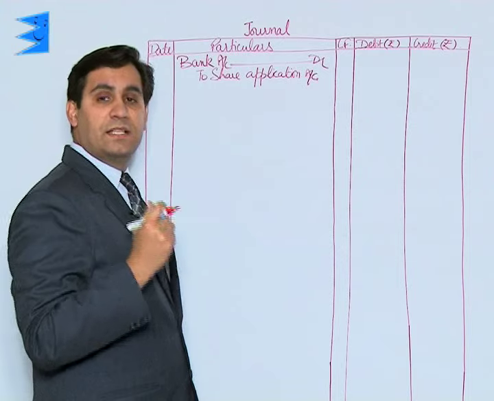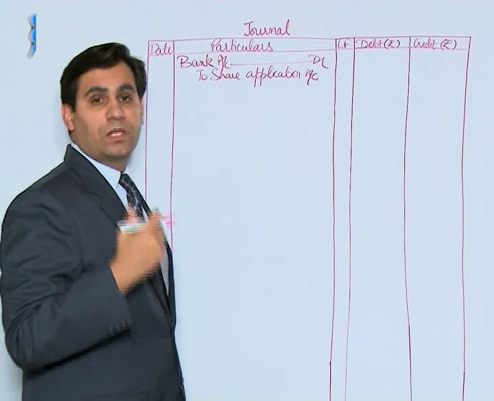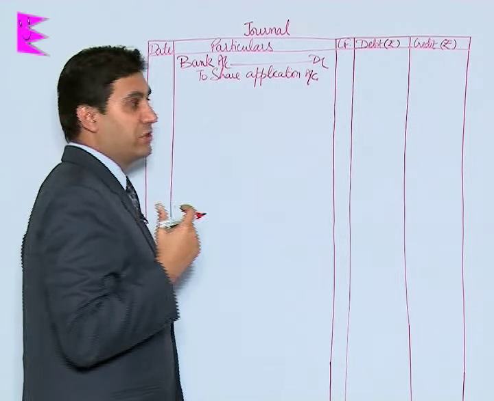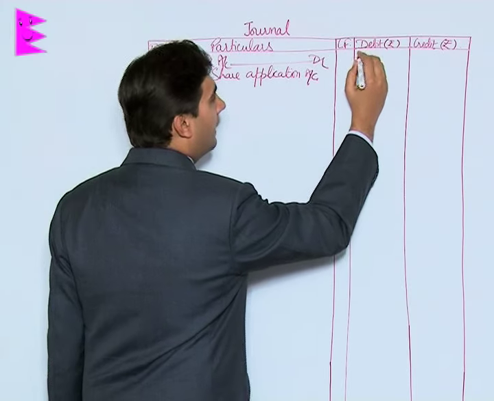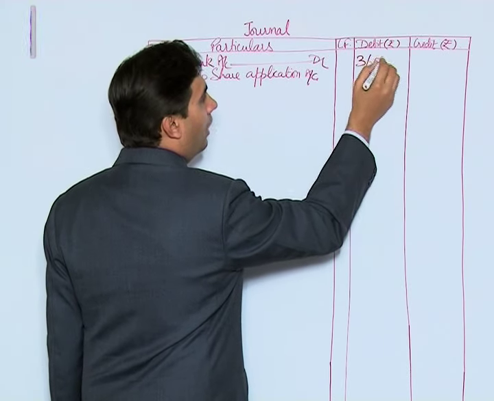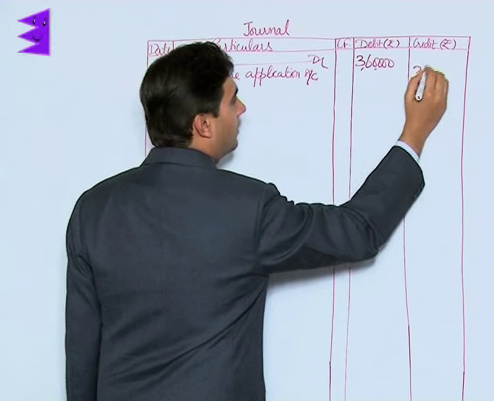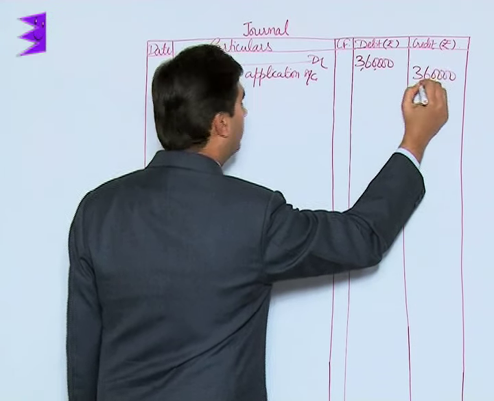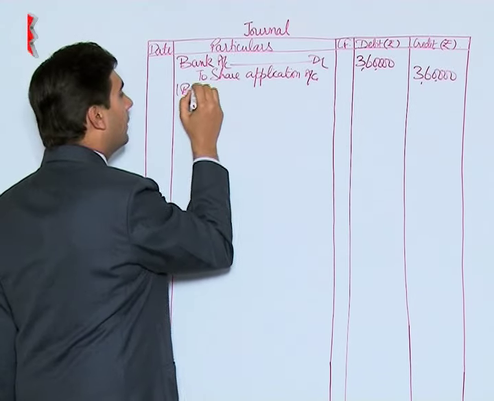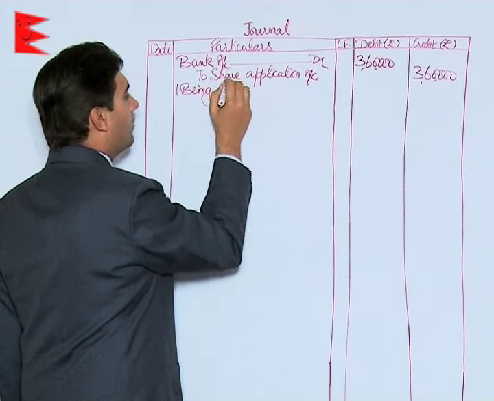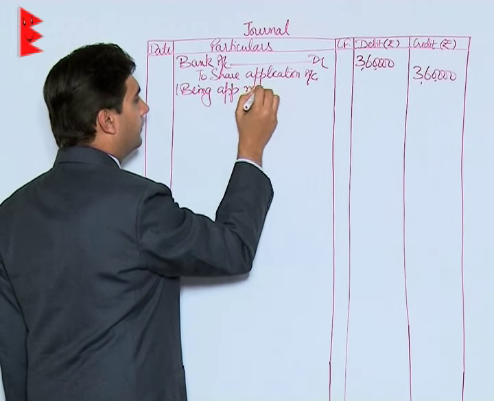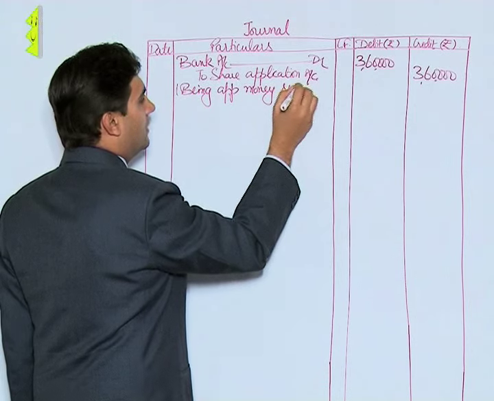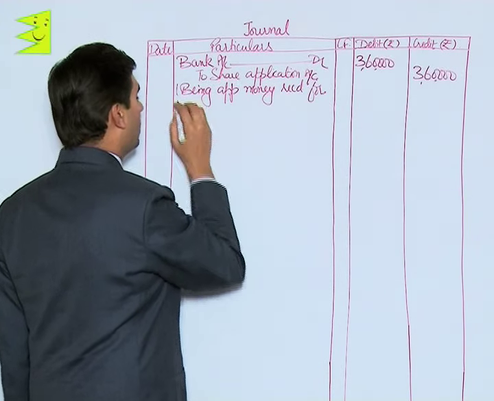And in this case, the application money was rupees 4, which was received for 90,000 shares. So 4 multiplied by 90,000 makes it a total amount of 3,60,000, being application money received for 90,000 shares.